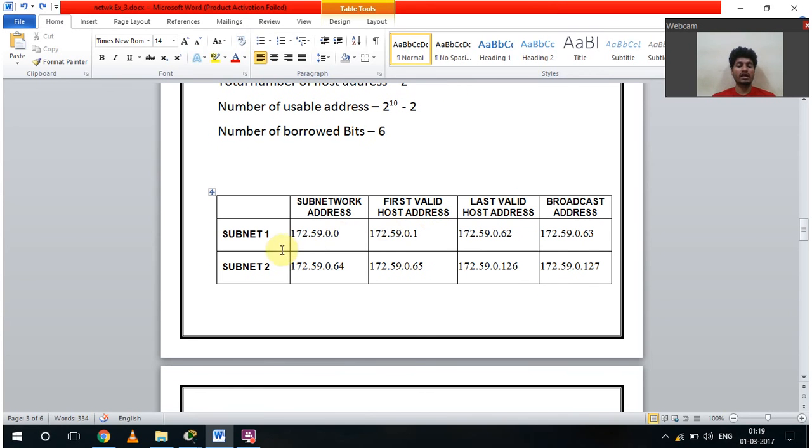The first network address we have calculated is 172.59.0.0, and the first valid address will be 172.59.0.1.